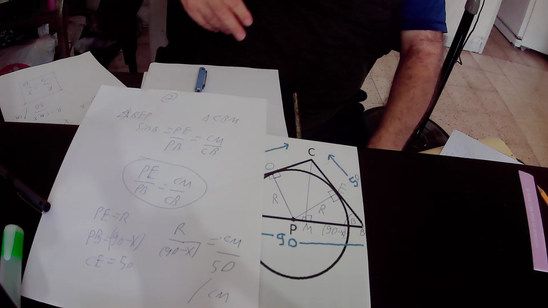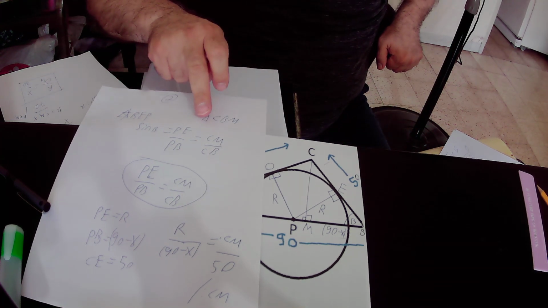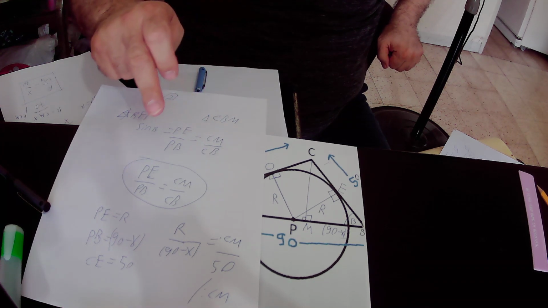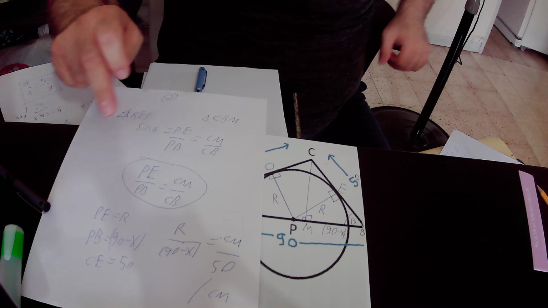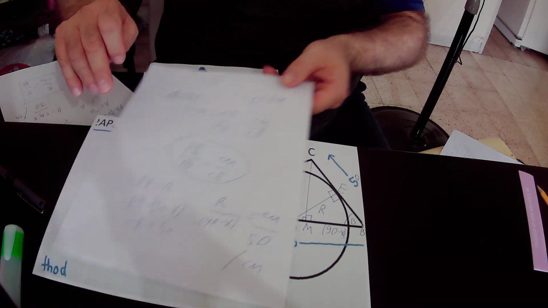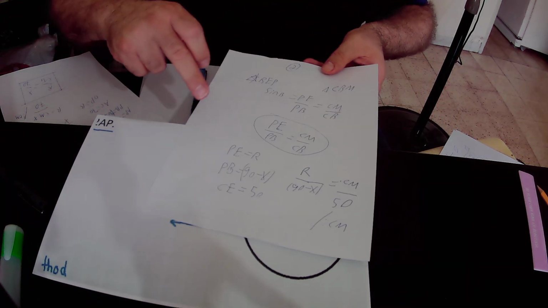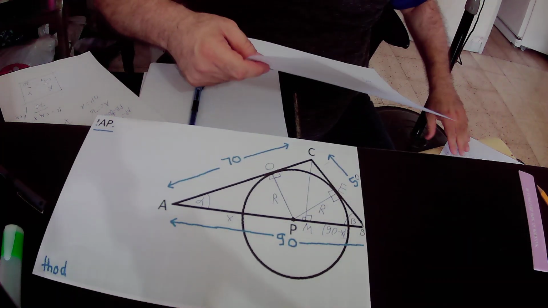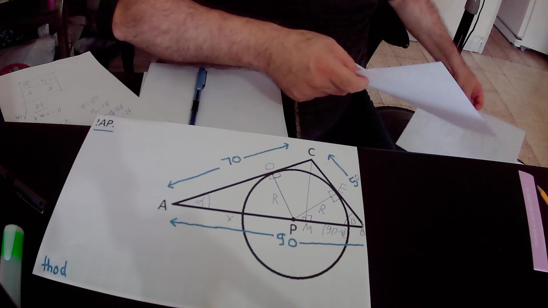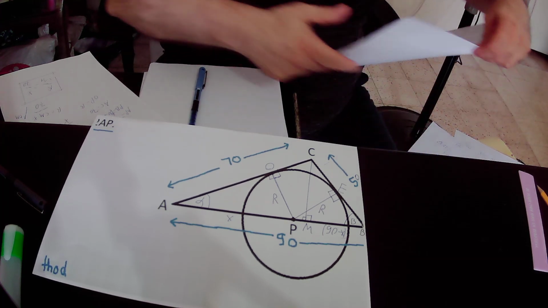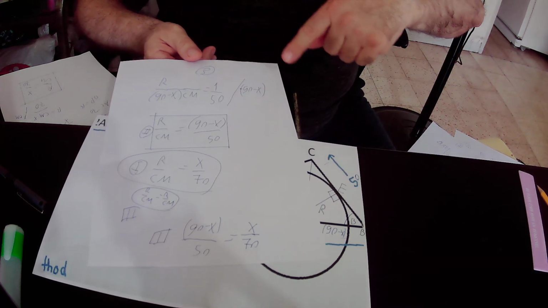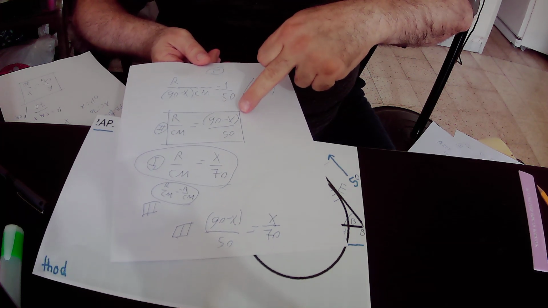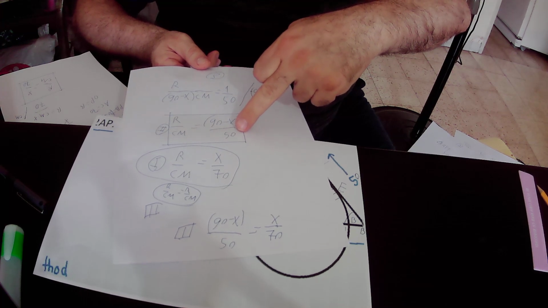So we can put the data in this equation, and we got that R over CM equals 90 minus X over 50. Okay?